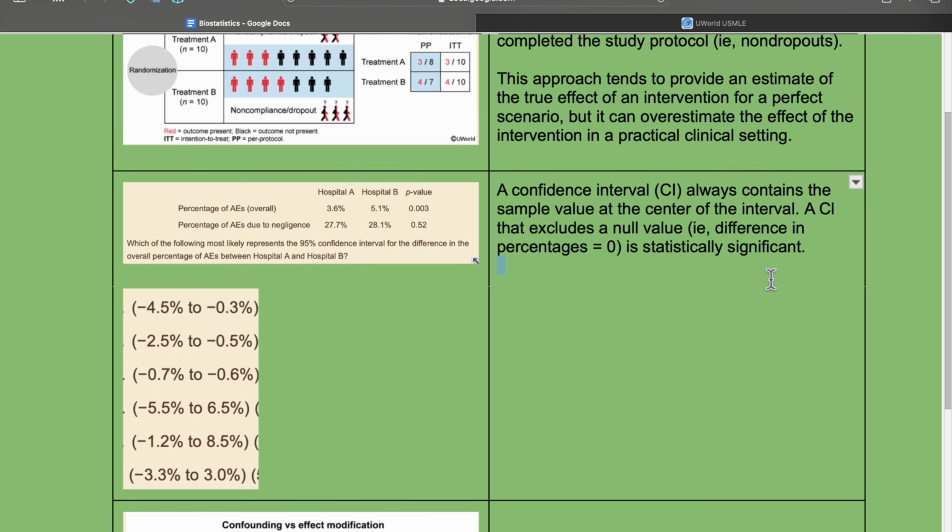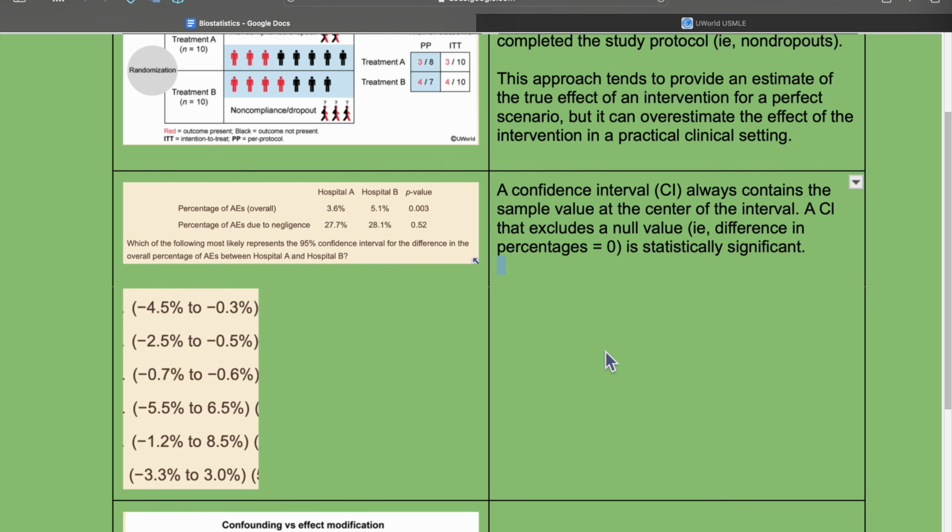Let me just figure out what the interval is. We're doing 3.6 minus 5.1, which equals minus 1.5. So we want minus 1.5 to be in here, right in the middle.